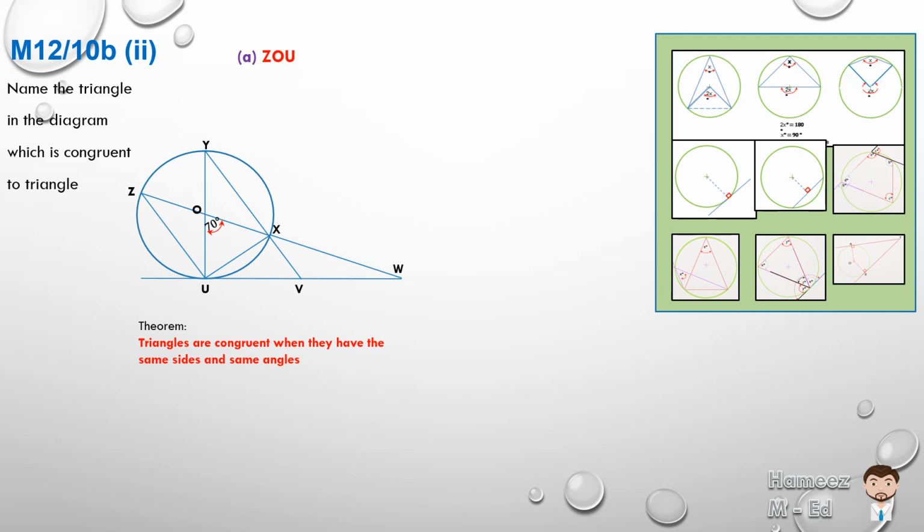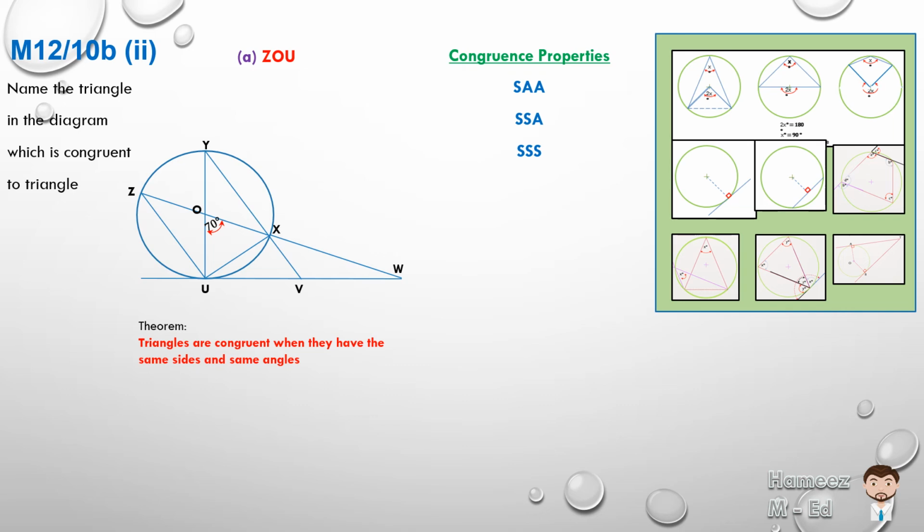So if we're checking two triangles, then for the congruency properties we're looking for, we don't need to look for all 6 things. We need to look for at least one side to be the same length in both of them and 2 angles. Or 2 sides are the same and 1 angle is the same. Or all 3 sides are the same in both triangles.